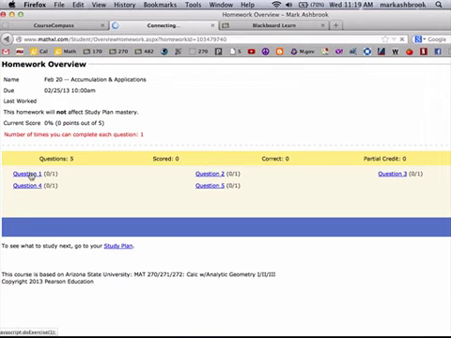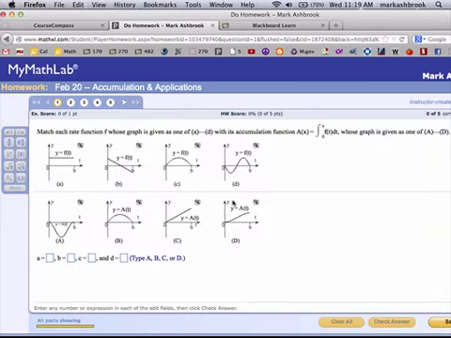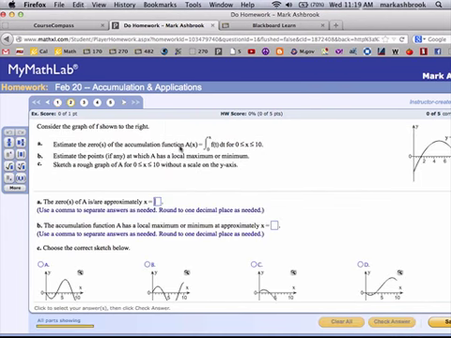So click on question 1. This one's matching. We'll go on to the next one, where you're actually putting in answers. Okay, so the zeros of x are approximately 50 and -4. I'm going to put that answer in.